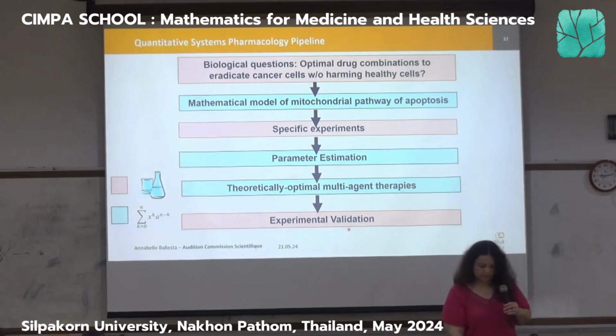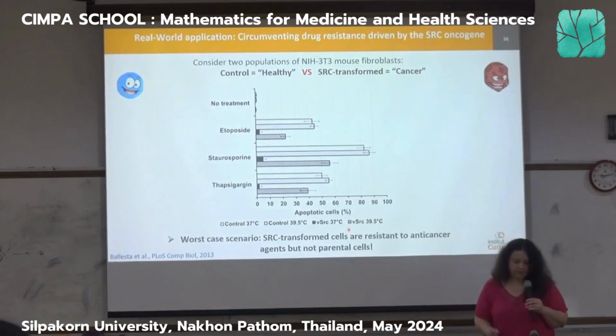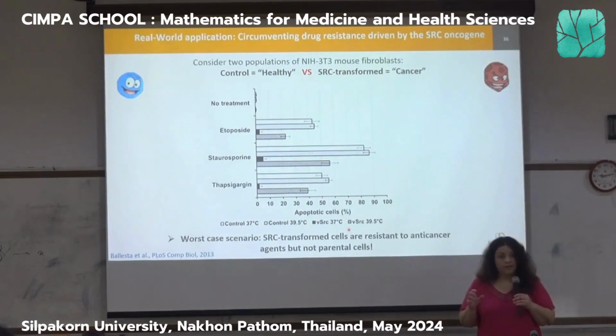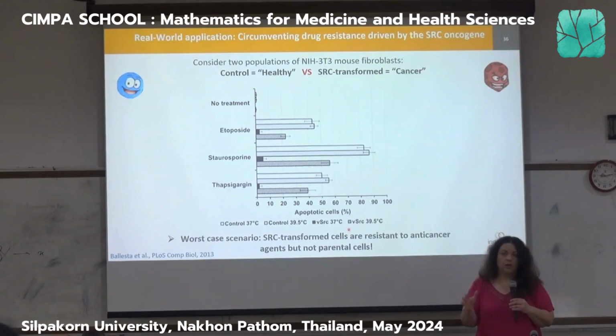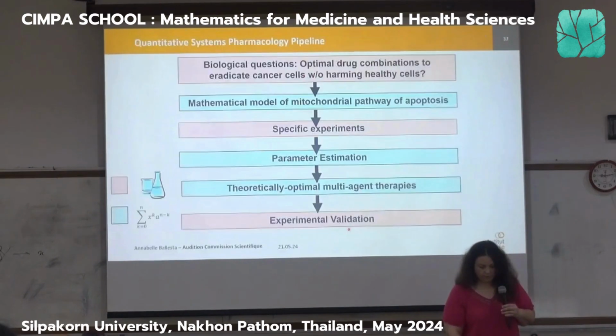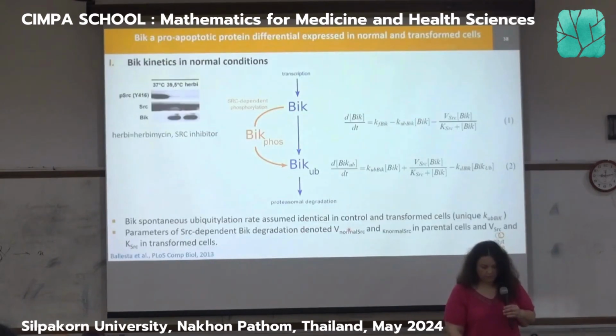And the way that the cells were defined is that you have normal, untransformed cells, which are the ones you do not want to kill, and you have cells transformed to overexpress the SRC oncogene, which stands here for the cancer cells. And remember that we have seen that our collaborator biologists identified BIC as one important protein.